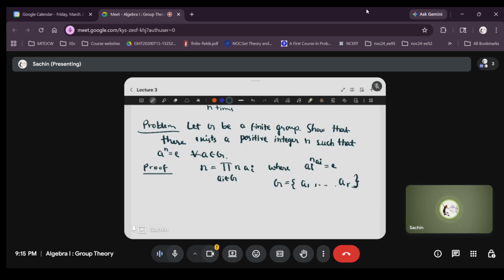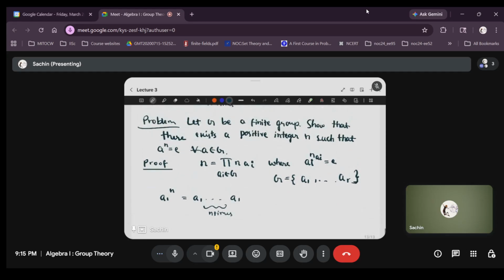Then if you take, let's say, a1 power N, this will be a1 multiplied N times, which is actually n_a1 into n_a2 into etc. n_ar.